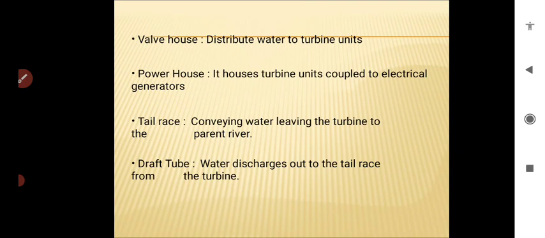Draft tube is a conduit of variable cross section which connects the runner exit to the tail race.